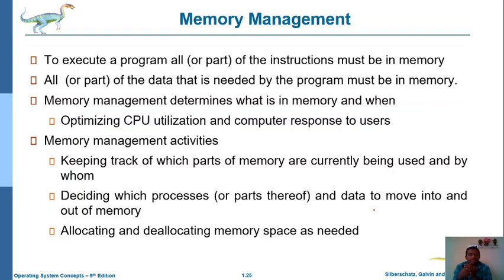Such activities are also performed by memory management. It is also responsible for allocating and deallocating the memory space whenever such processes are required. So these are the major activities of memory management.